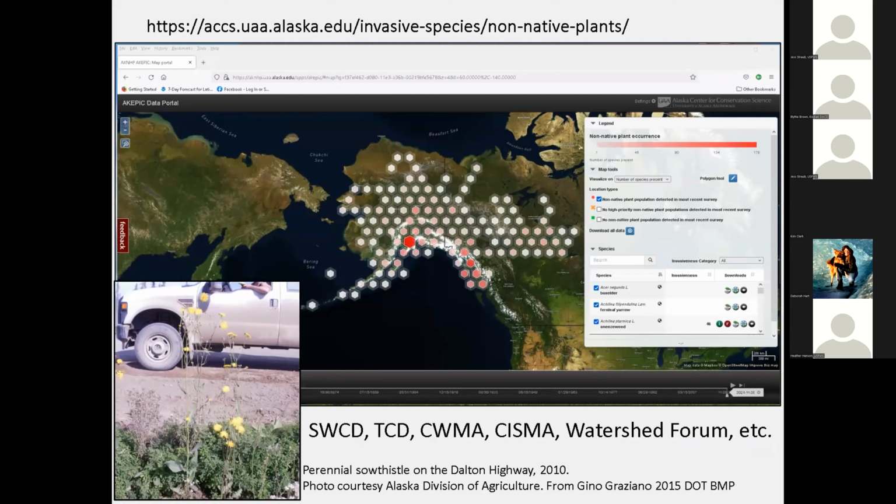Check the database, but don't rely on it to have the complete picture of what is or might be at your site. Consult with the local acronyms, including Soil and Water Conservation District, Tribal Conservation District, Cooperative Weed Management Area, Cooperative Invasive Species Management Area, and other groups that may be performing invasive species work in your area.